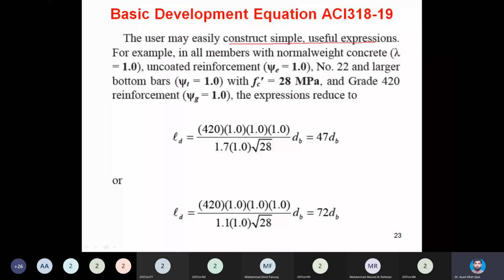For example, if you are on a project where you are using f'c 28 megapascal and grade of steel 420 megapascal, and you want to calculate the LD for all bars number 22 and larger, and furthermore you want to calculate the development length of bottom bars.